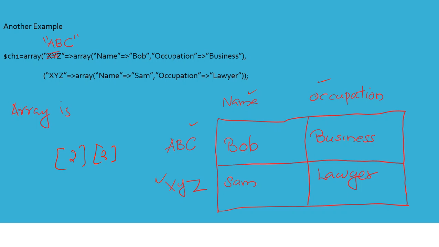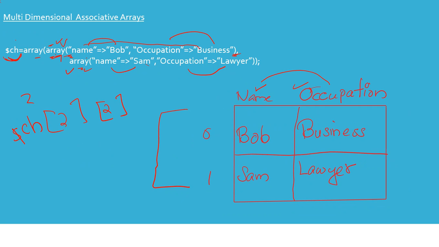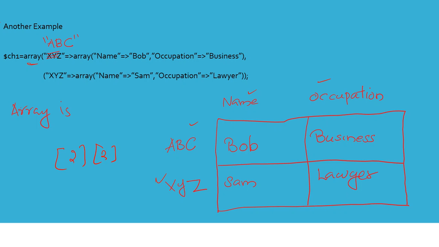This difference happens because this is the outermost array function. You see the difference here: with the previous one, inside of this array we immediately used another array function. But in this example, inside of this array function there is a string value.